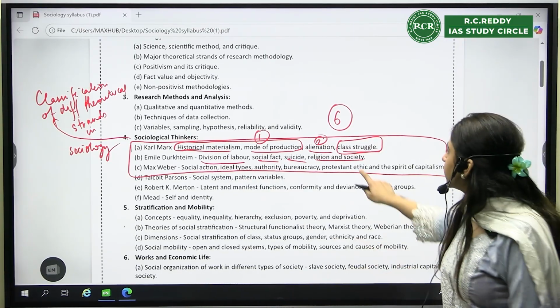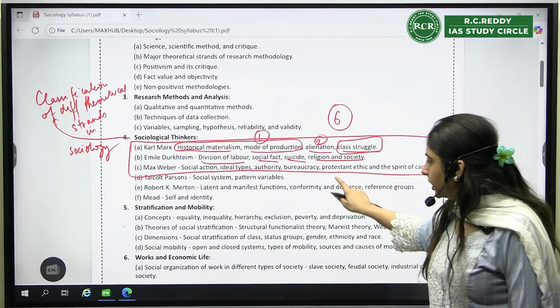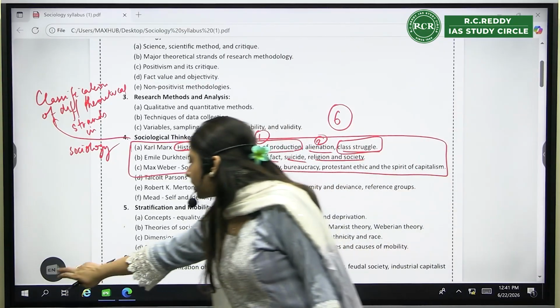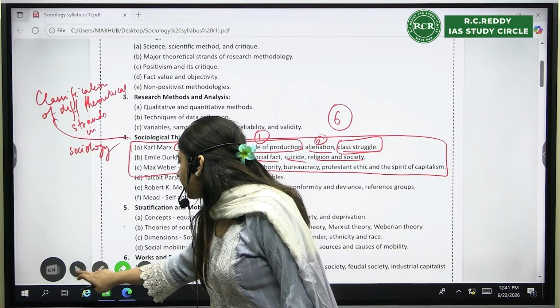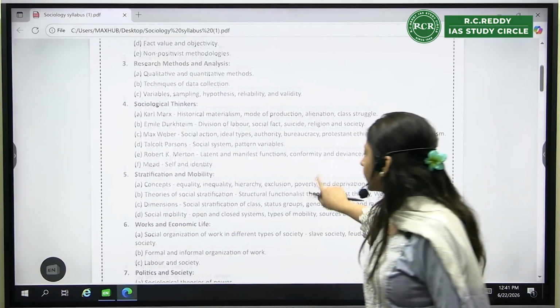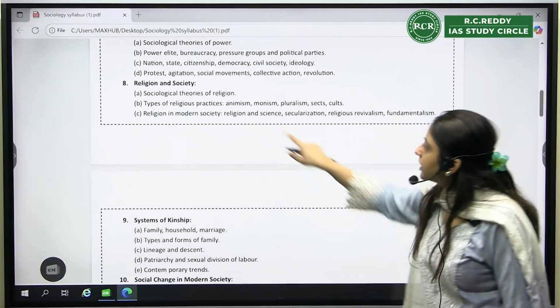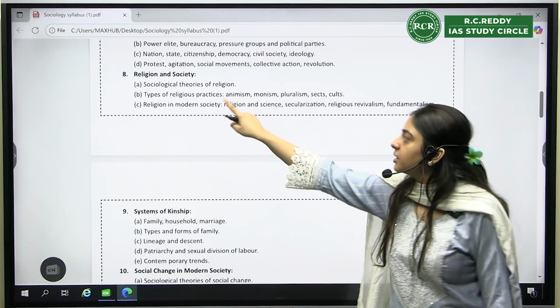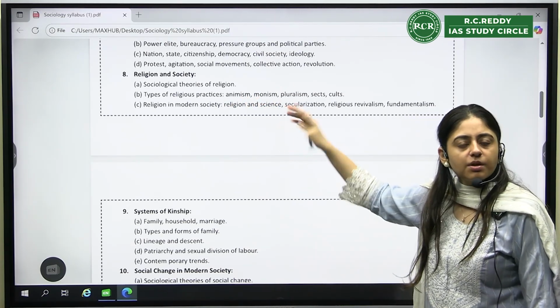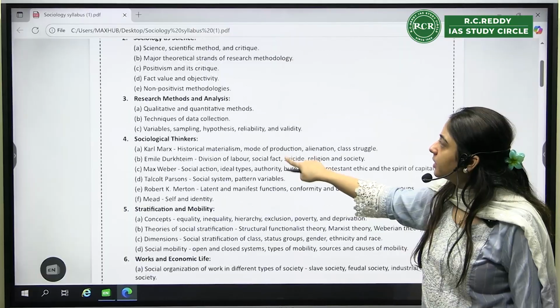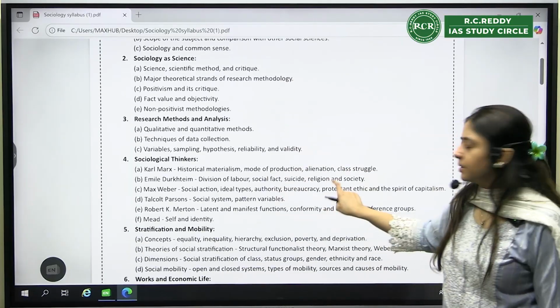Now once we are done with religion and society here only, right, there is a future block which we'll be covering: religion and society, sociological theories of religion. So a lot of things are connected. One part is already done because we did it in the Durkheim part.